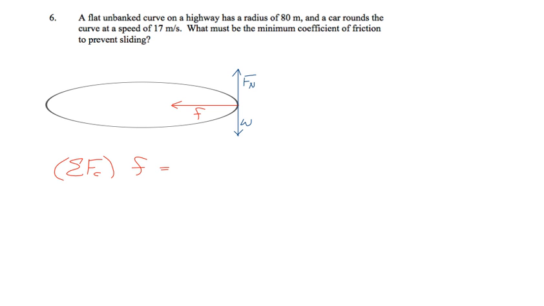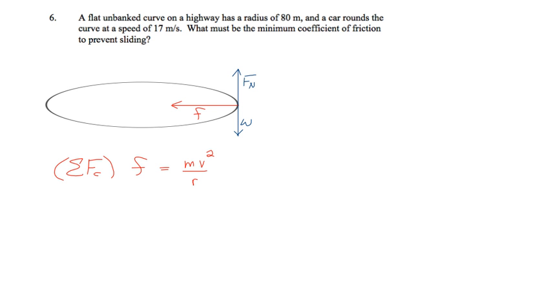But I would suggest that you always use, unless the radius is the unknown, and the radius isn't the unknown, it's given, so I would suggest you use mv squared over r. The reason I prefer that is because I don't like to use omega in radians per second unless I have to, because the radians sometimes don't cancel out. You'll see in the next problem it doesn't cancel out.